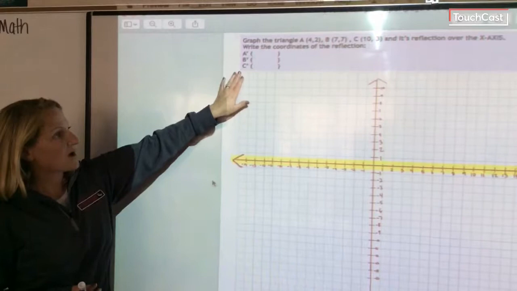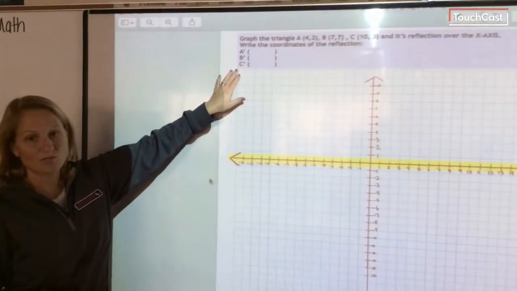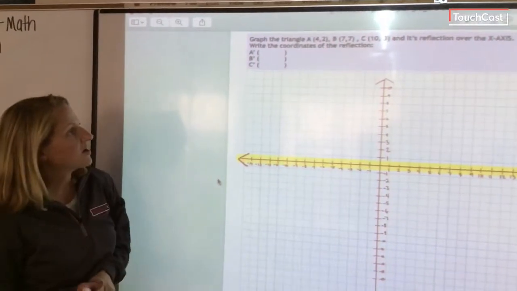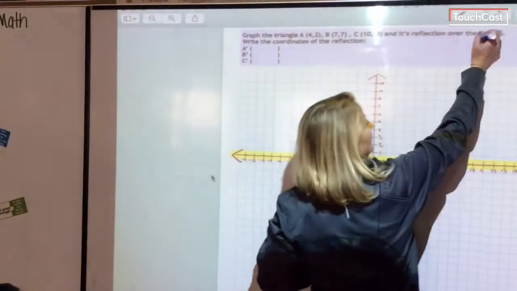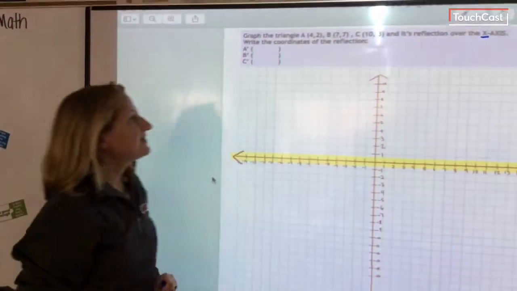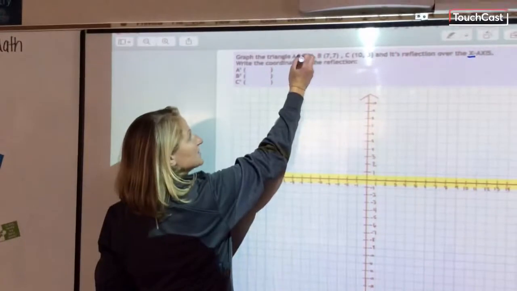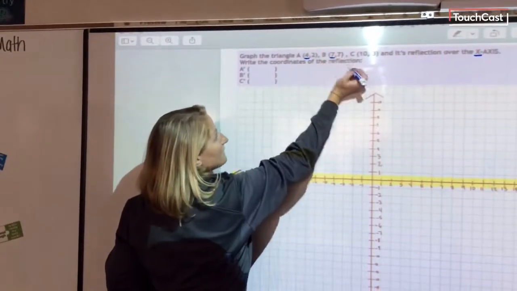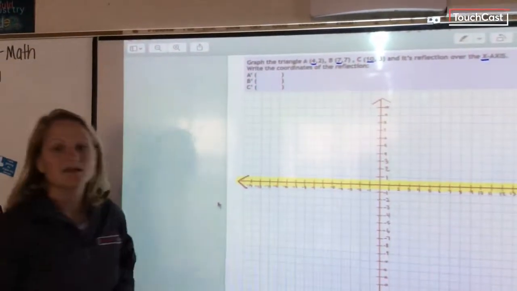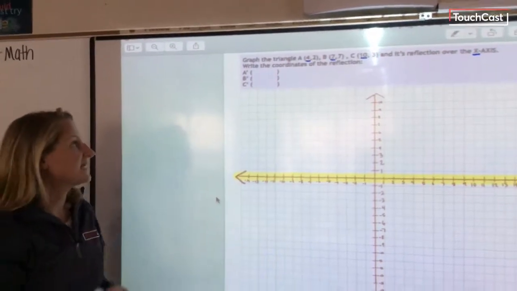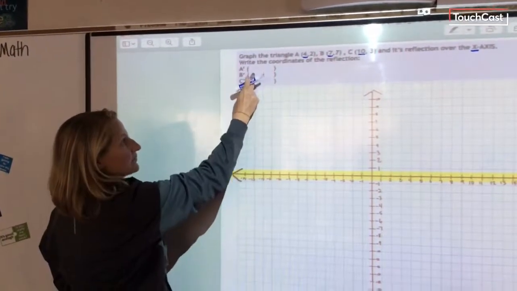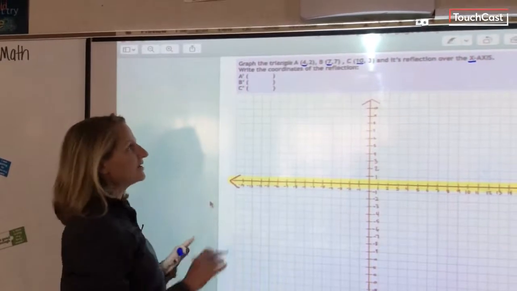The first thing that I want to do is figure out what my new points are going to be. Okay, so if we are reflecting over the x-axis, that means the x values stay the same. So the 4, the 7, and the 10 of our original points are going to stay the same. I'm going to write those for A prime, B prime, and C prime right away.